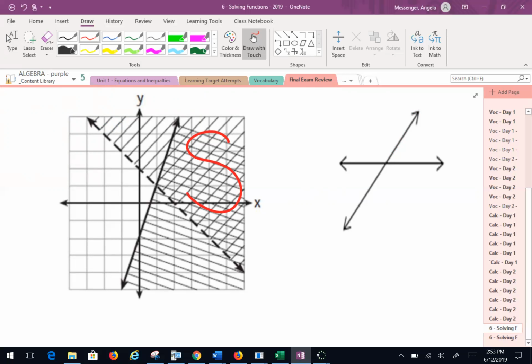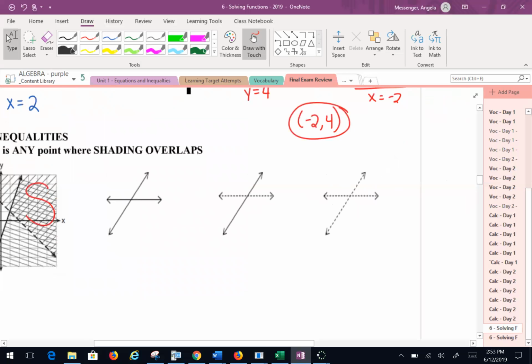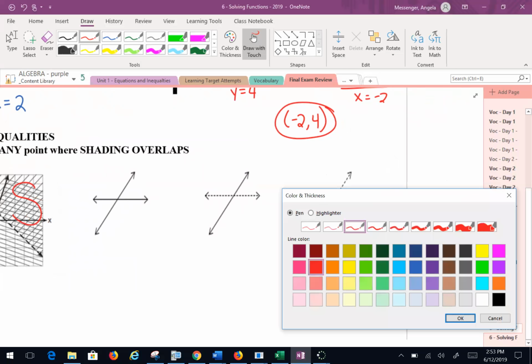The dotted line. So this intersection point, would that be a solution? No. Because anything on this solid line here, because it's bordering the solution area, would count, but anything on this one over here wouldn't work, and any of these outer areas wouldn't work because they're outside that intersection.